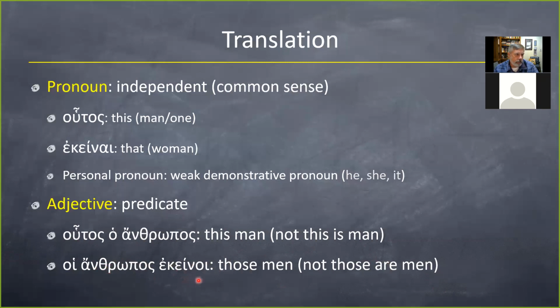You're going to translate it as an adjective modifying, qualifying the noun it's associated with. So it would be those men. That's a lot. I think, again, the article with the noun and not with the pronoun or the demonstrative pronoun is going to be this man or those men in this case. That makes sense? Yeah. Okay, good.